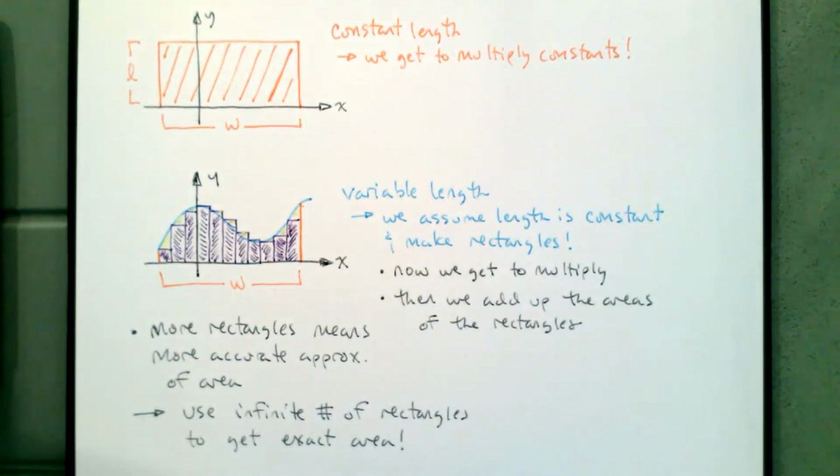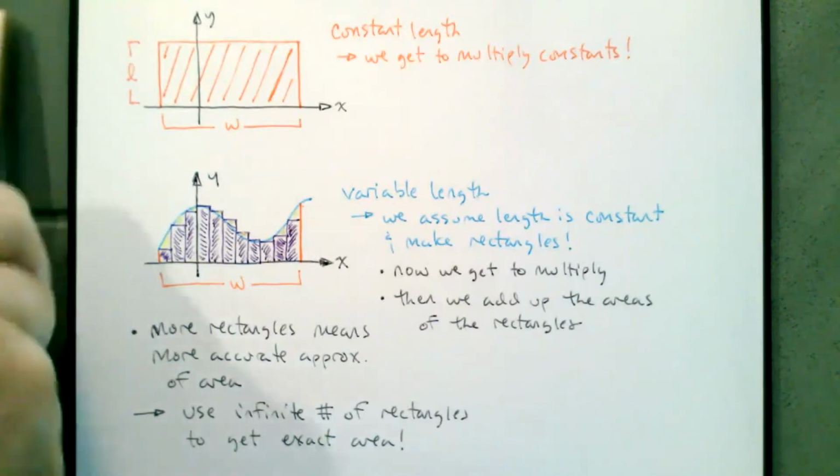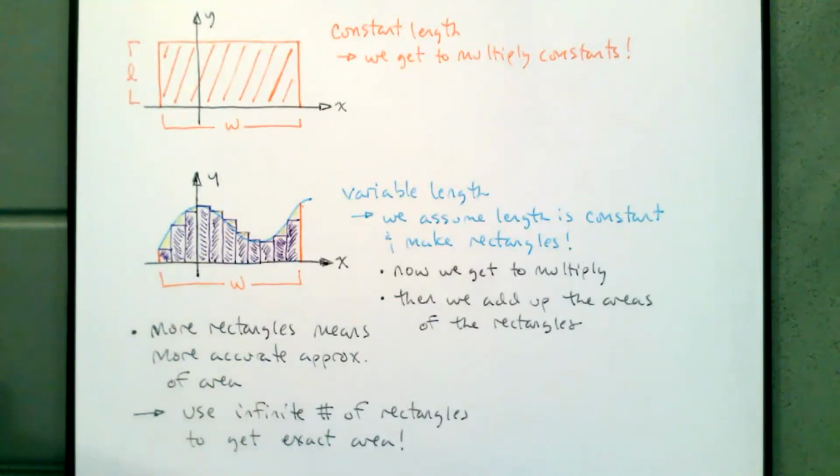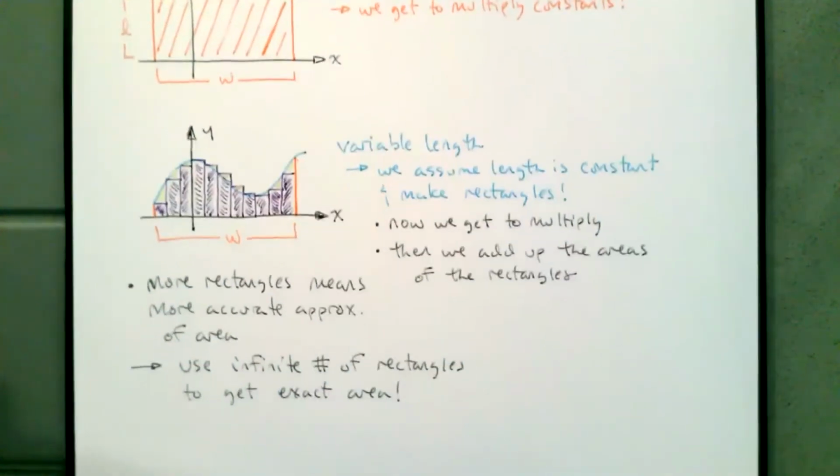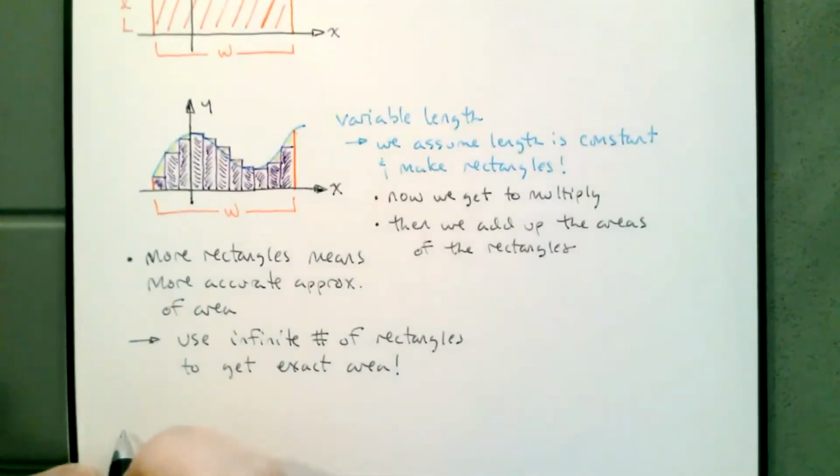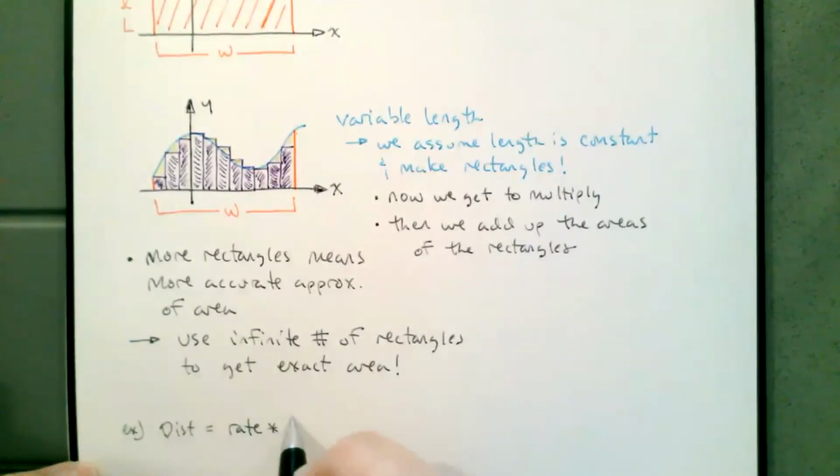So let's take a look at an example where we're kind of forced to do this. An example of where we're forced to do this is when we want to calculate an area, well, we're going to use distance is equal to rate times time.